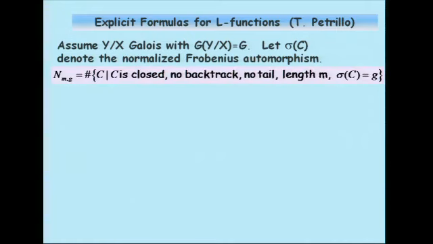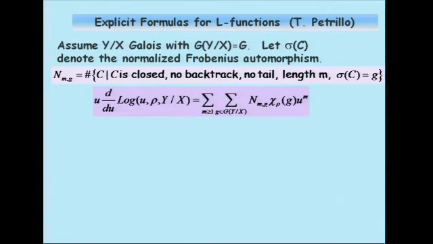If you want to count the number of closed, no backtracking, no tail paths of length m whose normalized Frobenius automorphism is a given group element sigma, all you have to do is take the logarithmic derivative of the L function at u, rho, Y over X. There should be an L between the log and the parentheses.